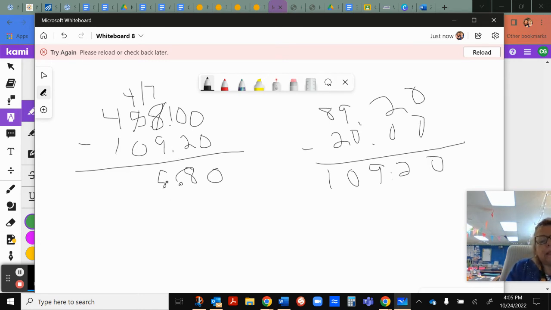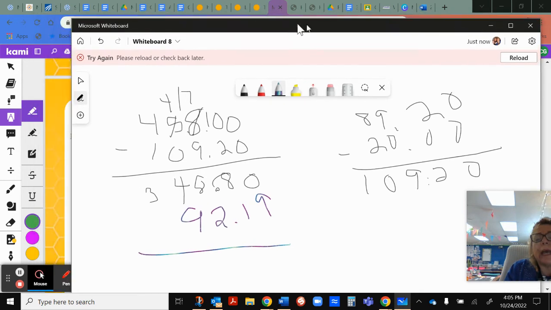That makes it 8, 4, and then 3. So $348.80. The next thing is I need to do a deposit. So I'm going to add in, I'm going to use this green, $92.19.